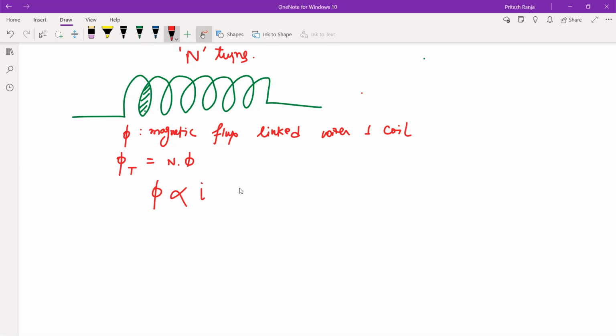So from here, to remove the proportionality symbol, we bring a constant. So that constant is called the coefficient of self-inductance.